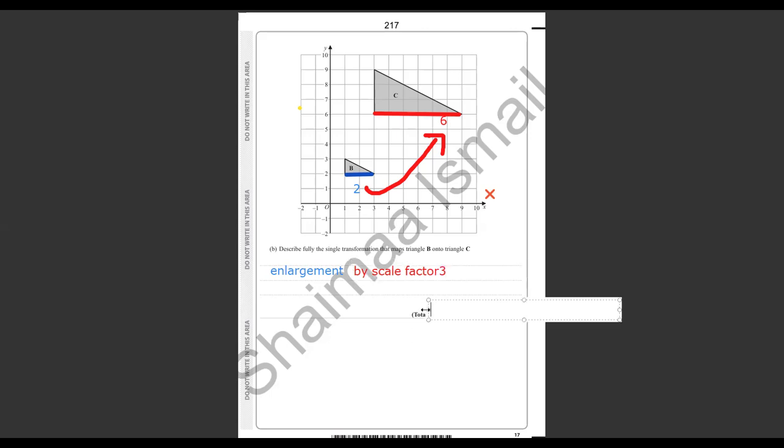And the last one, we need the point, around which point. It's clear that it's around the origin, but let me show you how you do it. Here we have a line. We mark it like this.